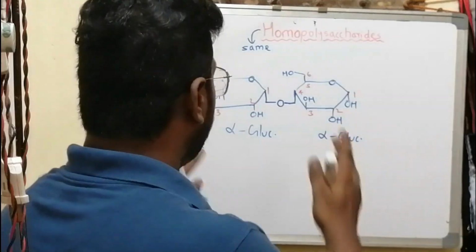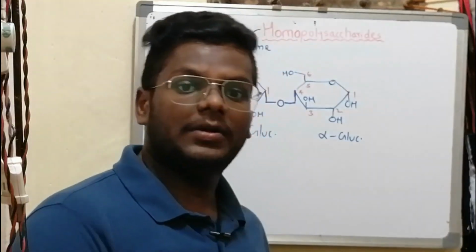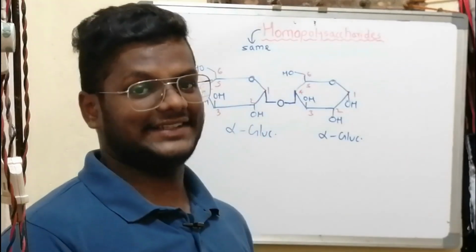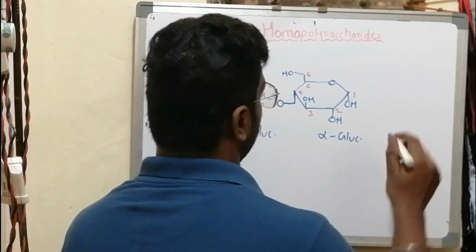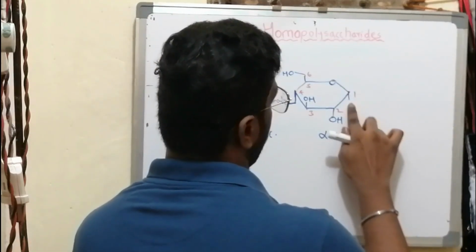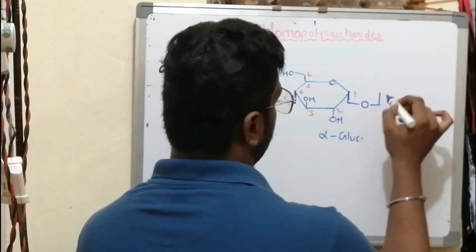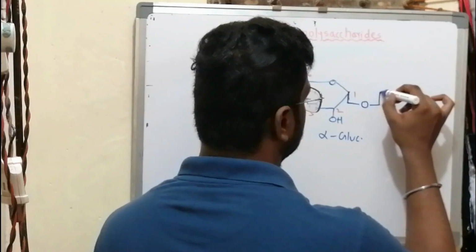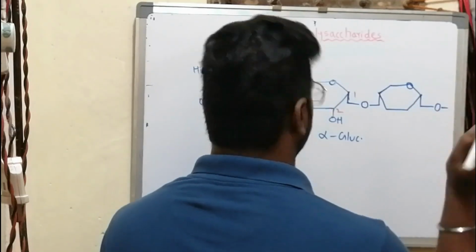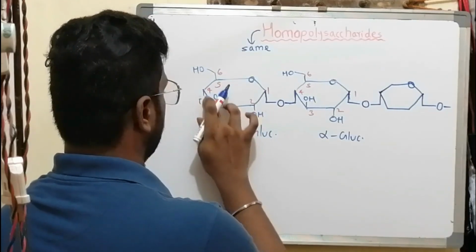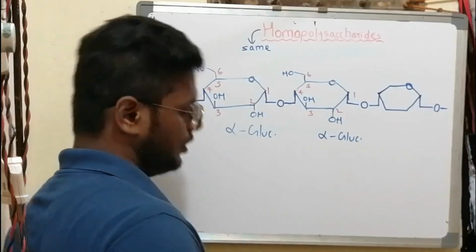Now what do we get when we link two glucose molecules? We get maltose. But if I have to form a polysaccharide, then I can expand this. I have to keep on adding glucose with glycosidic linkages, and here also, similarly here also, right?